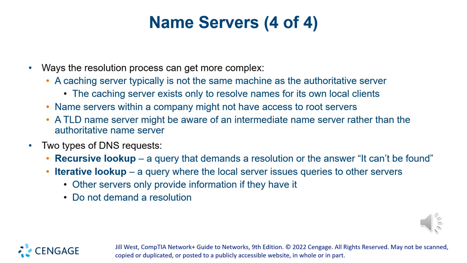Also, if your top level domain is aware of some intermediate server rather than your servers, it could break. That authority server that you have on your premises, the one that belongs to Miami-Dade, I update something, and if the intermediate name server doesn't update immediately, then that information is lost.